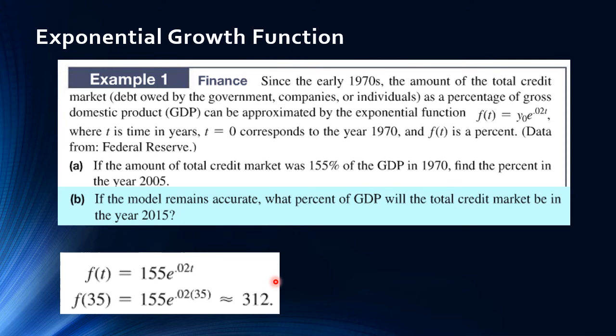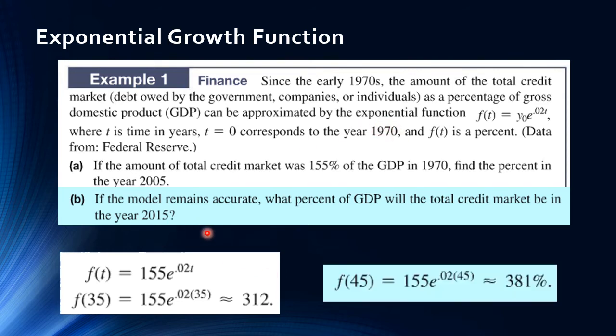If the model remains accurate, what percent GDP will the total credit market be in the year 2015? So what will t be in 2015? Well, 1970 to 2015 is 45 years later. So we just plug in 45, do the calculation again, and now we're almost at 400%, or 4 times.